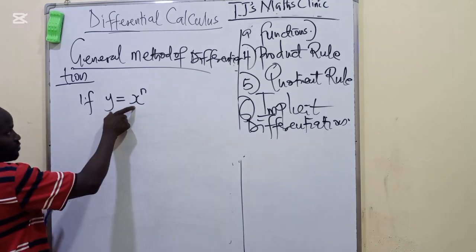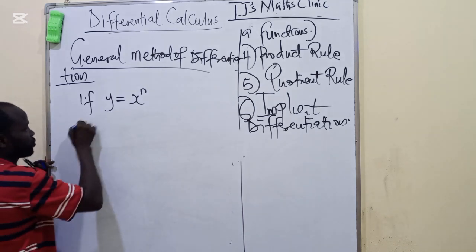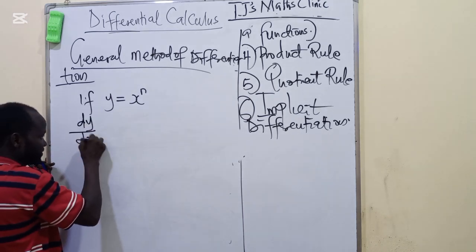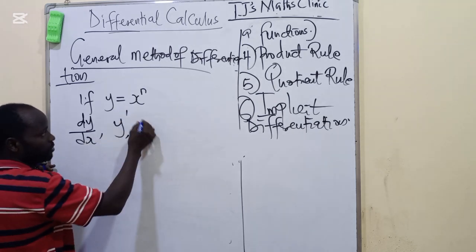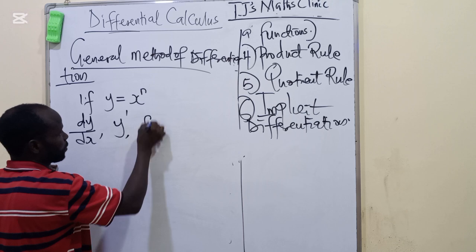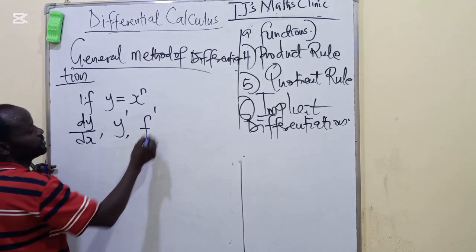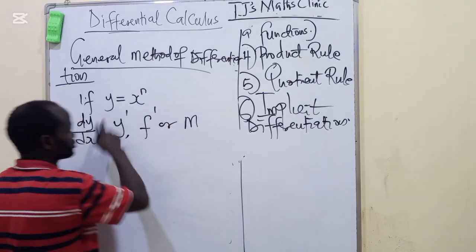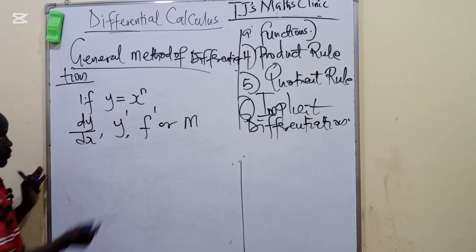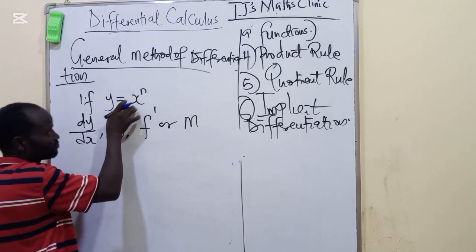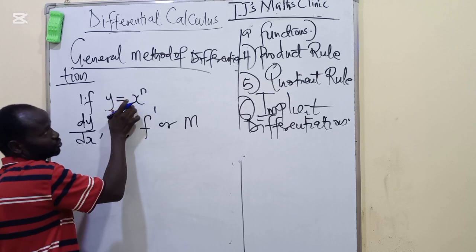If you find the derivative of this function, or if we find dy by dx, or y prime, or f prime, or m, which is the slope of this function, what are we going to get?